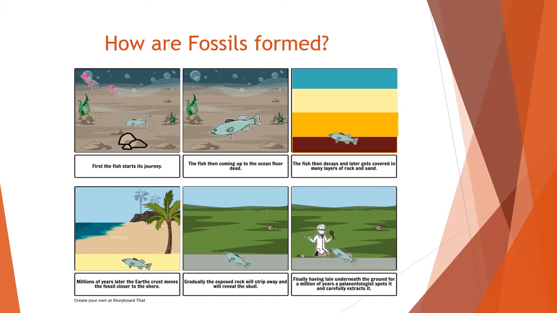First of all, the fish starts out living its normal life, then it dies, goes to the ocean floor, and is buried by the rocks, the sand and all that. Then inside the rock, it begins to harden, as the minerals from the underground water harden it. Over a very long period of time, it gets exposed, and you see the scientist with his hammer trying to dig it up, and he gets this fossil of the fish.